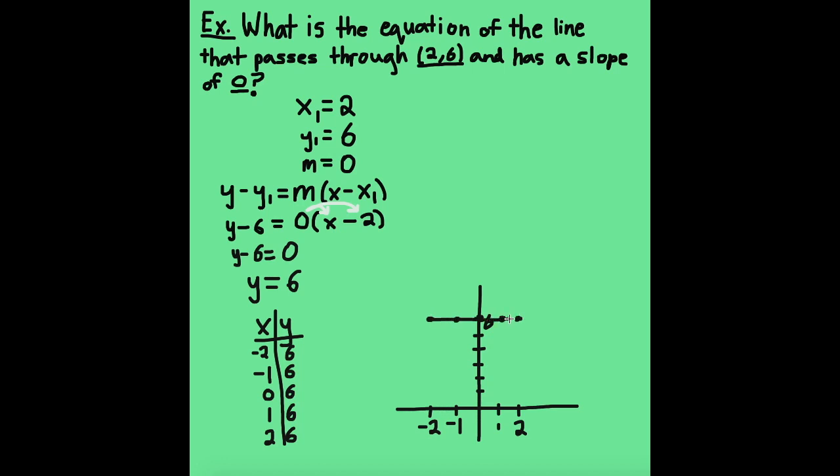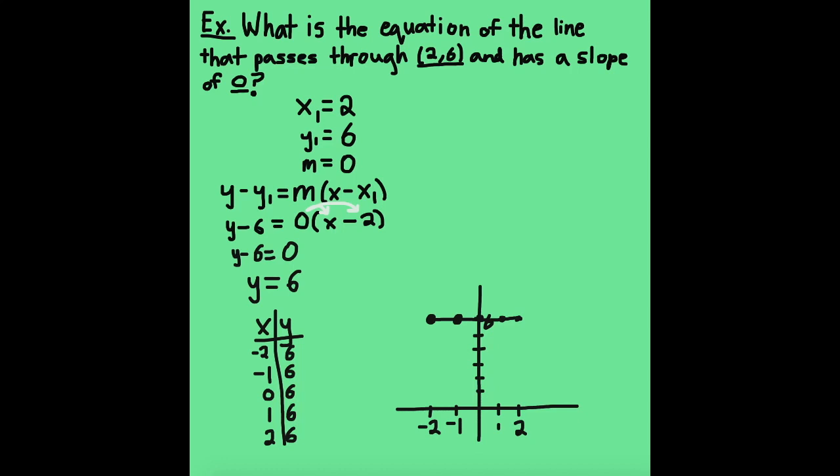So when we connect the dots together, you will notice that this forms a horizontal line. So when the slope is 0, a horizontal line will be formed. Let's think about why that is. So I'm going to look at the slope from x equals -2 to x equals -1.